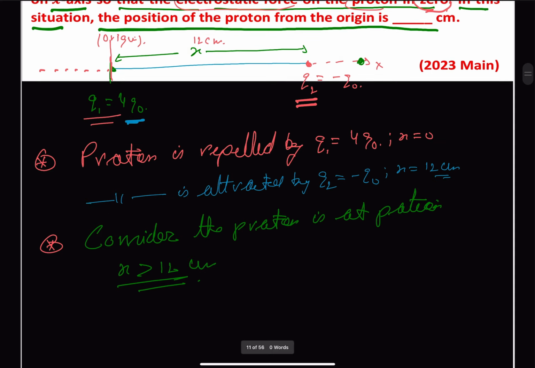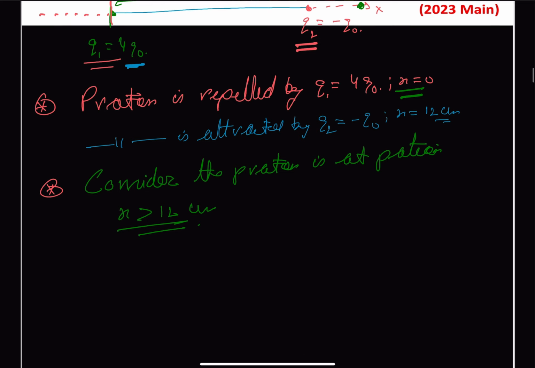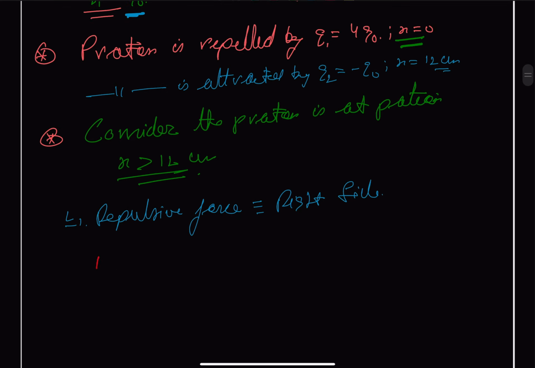So the repulsive force will be towards the right side and the attractive force will be towards the left side.